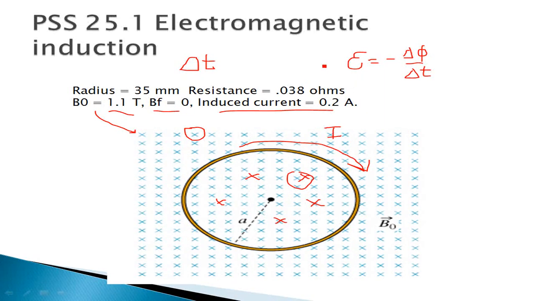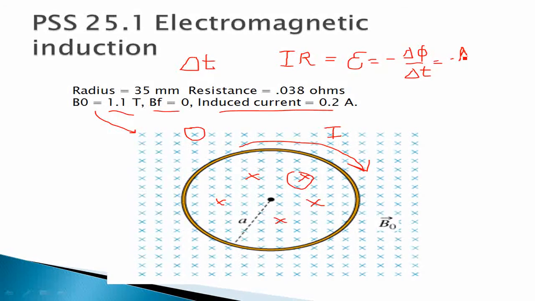Well, we know that the EMF is related to the current and resistance through IR, right? And we know that the flux is the area times the magnetic field. The area is constant, right?